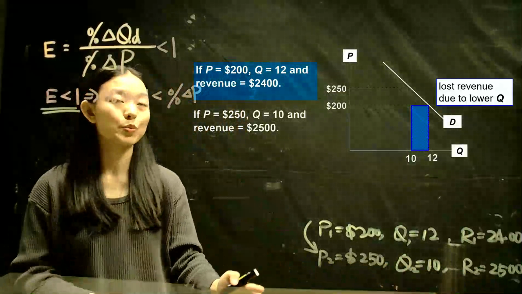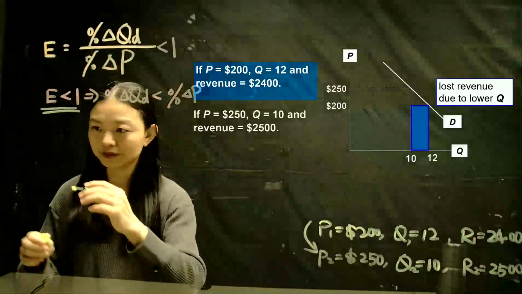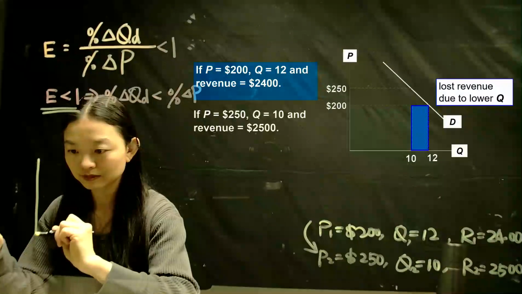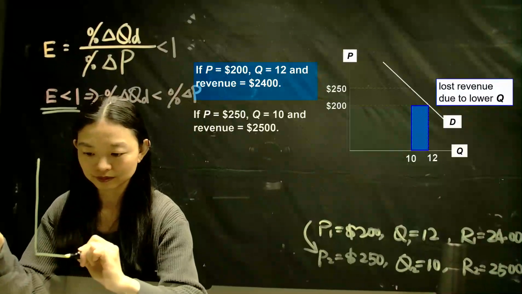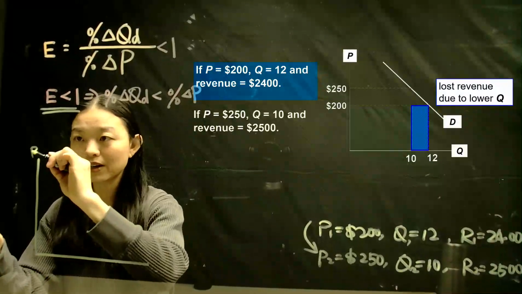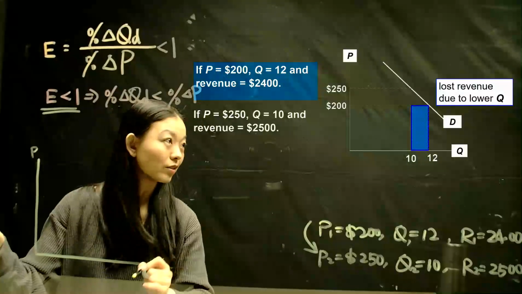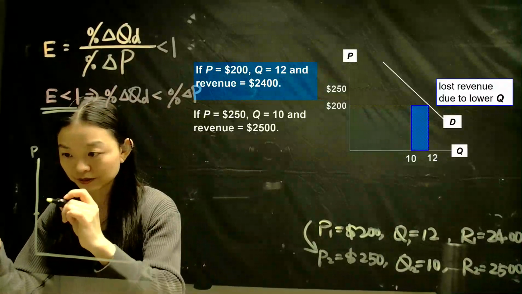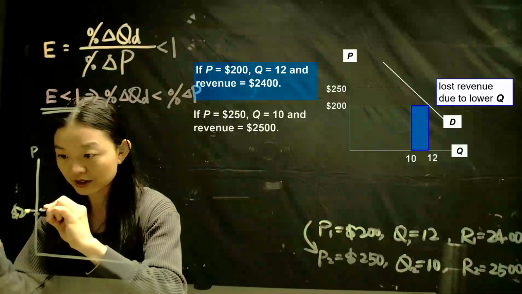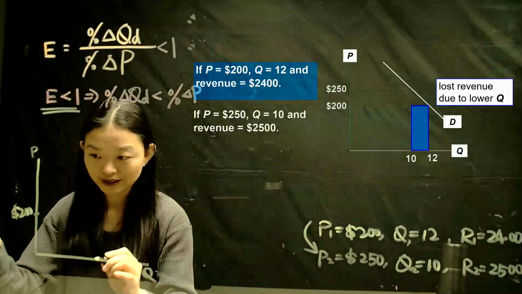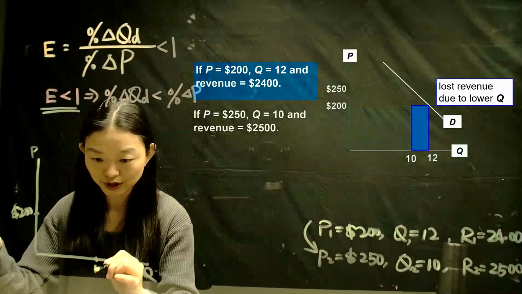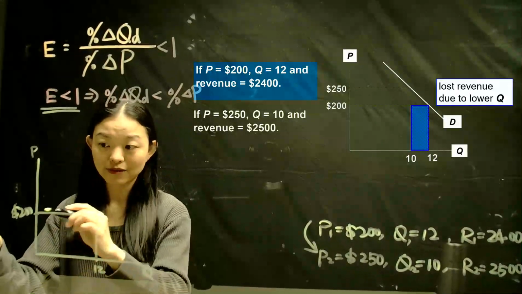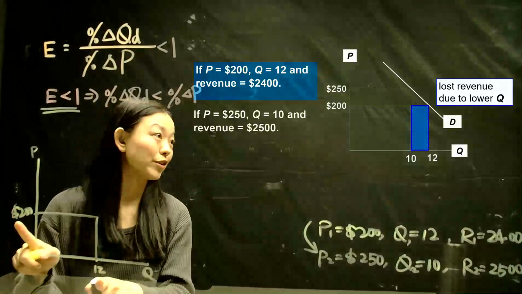We can also show this part through a graph. This is the price, this is the quantity. Originally, we have price at $200 and the quantity at 12. So here we have the total revenue, $200 times 12 units.